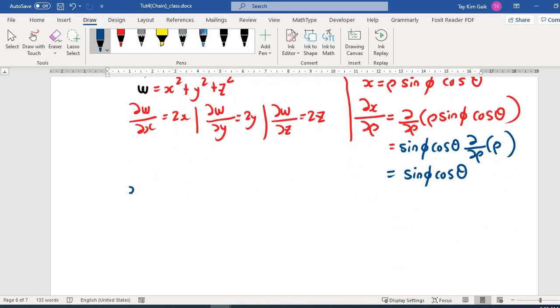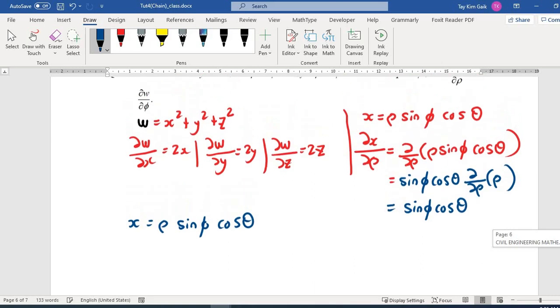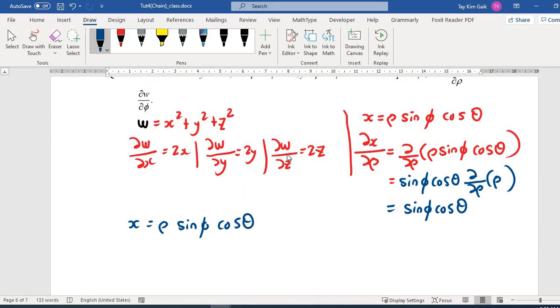Then from x equal to rho sin phi cos theta, depending on the equation, they want del w del phi. That's why for x you have to find del x del phi. Del x del phi, you del phi of rho sin phi cos theta.